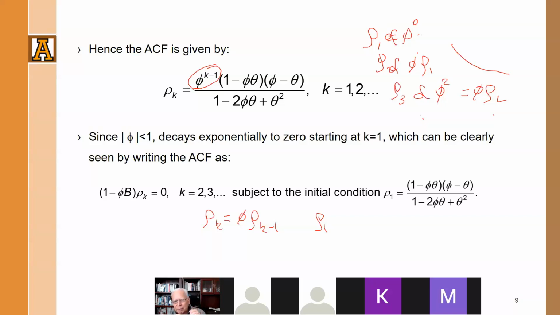The behavior, apart from this initial condition, will be determined by the autoregressive equation for rho sub k. And we'll see that this will extend to other models.